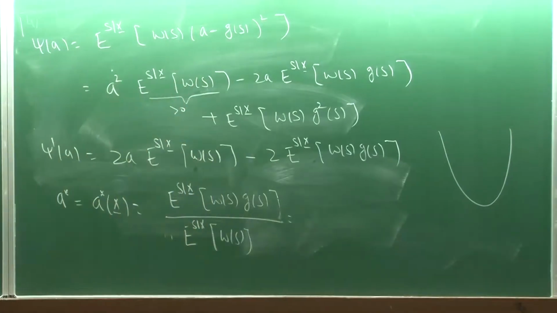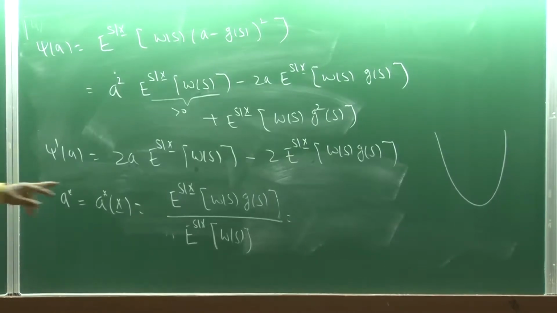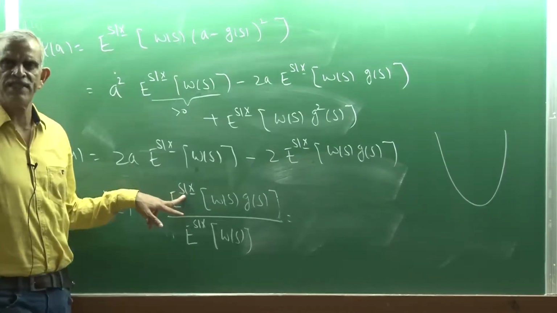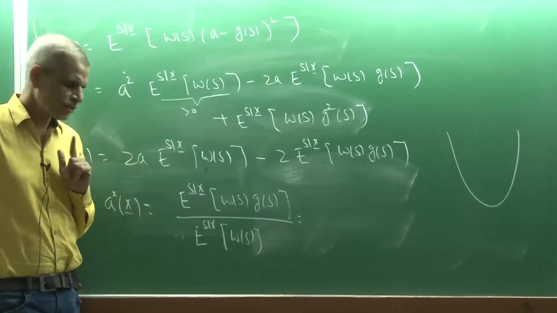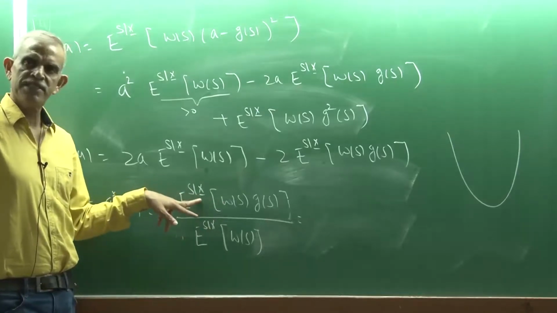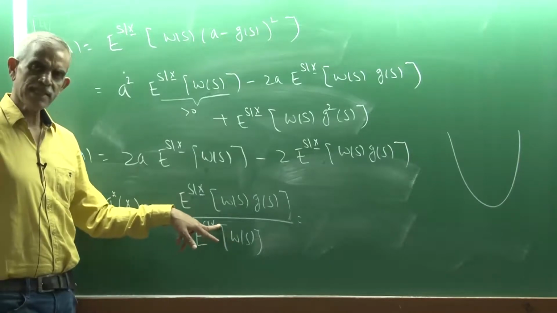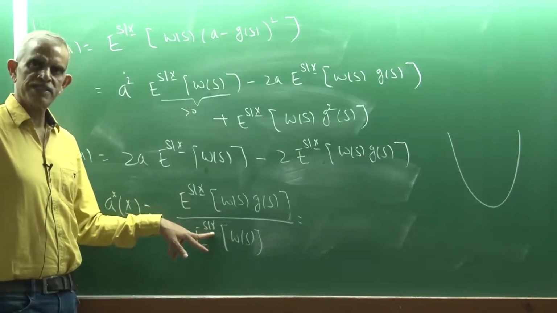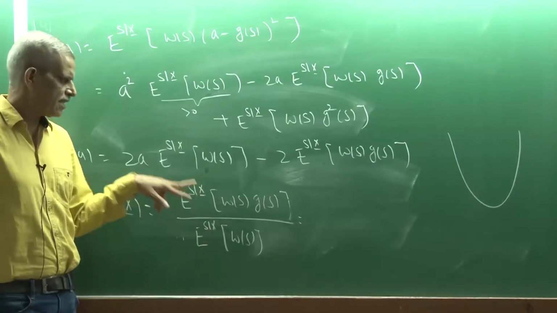But what is this expectation? This expectation is with respect to the conditional distribution of S given X. But the conditional is always proportional to the joint over the marginal. So, I can write down the joint divided by the marginal of X. Here also I integrate with respect to the joint of S and X divided by the marginal of X. But the marginal of X in numerator and denominator both get cancelled because X is a fixed quantity.